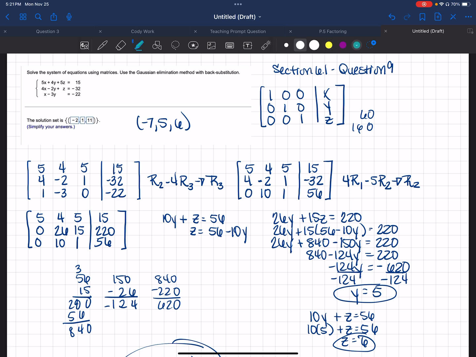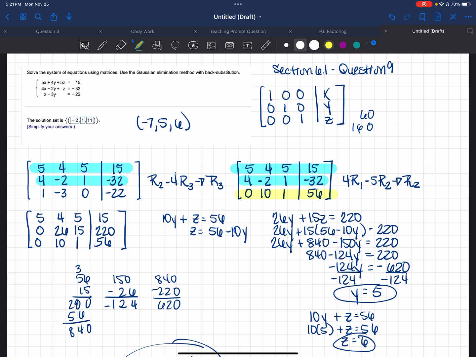Let me change colors here. I'm going to keep row 1 and row 2 the same, and we are going to change row 3. You'll see that one changes. So I'm going to take row 2 and multiply row 3 times a negative 4. We're going to combine those two rows. So I'm in essence saying row 2 minus 4 times row 3 will give me row 3.